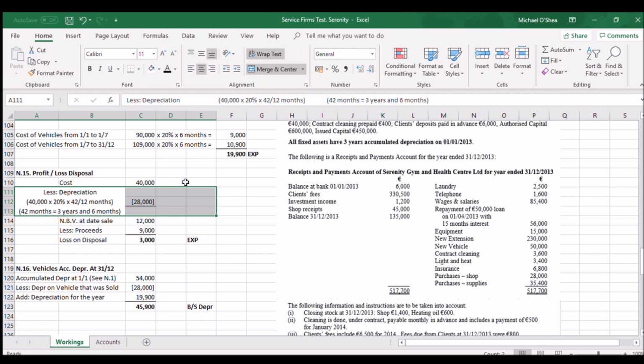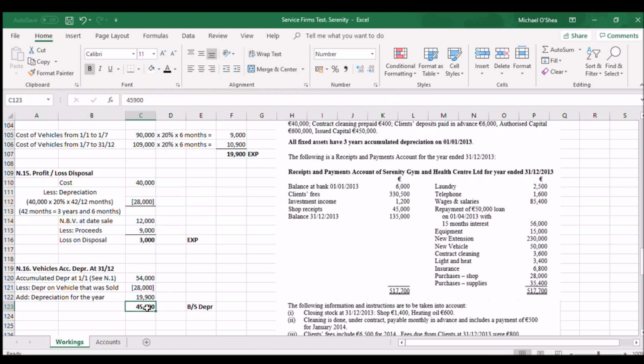We know that that was sold. We know that 3 years depreciation was on it previously, and we know that we had 6 months this year, which is actually 4,000. We're just going to take out the whole figure as it is, and then you just add in your depreciation for the year. Those three figures give us 45,900, and that's my balance sheet depreciation figure.